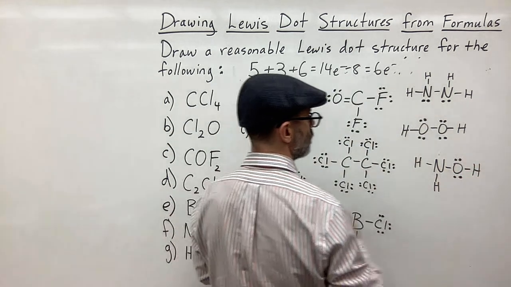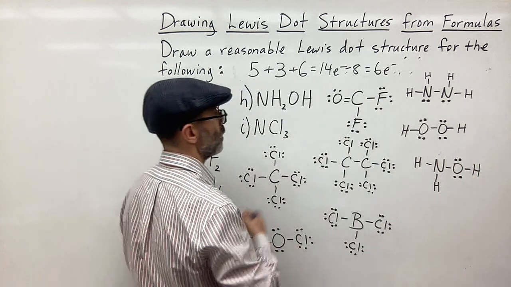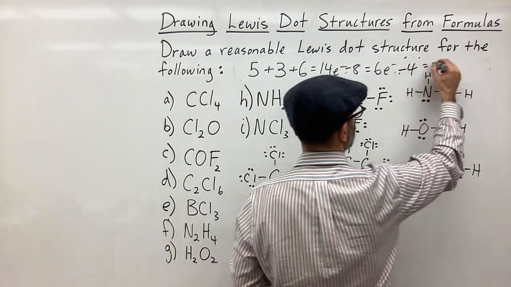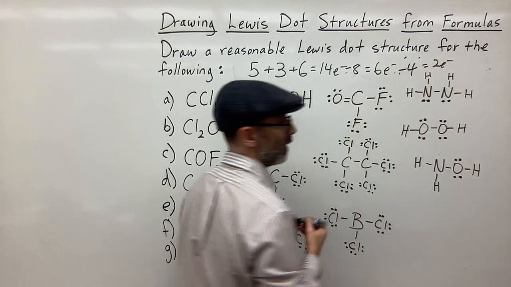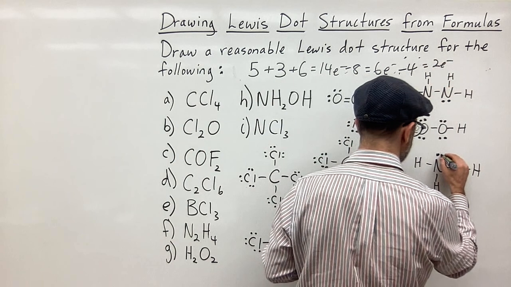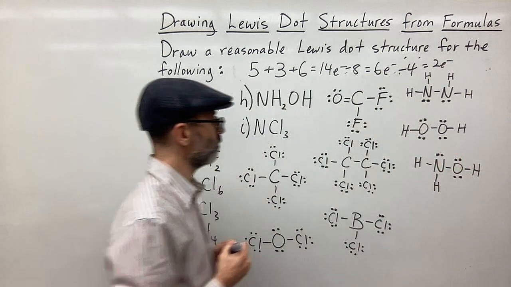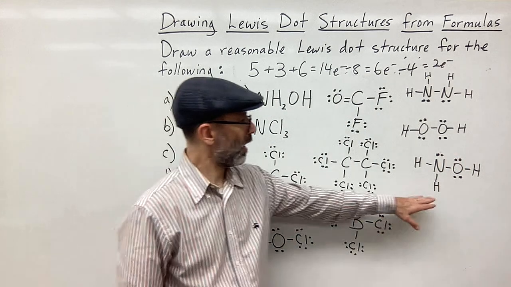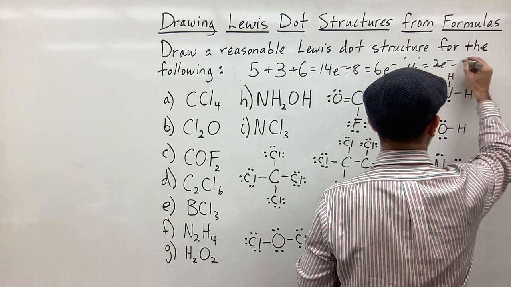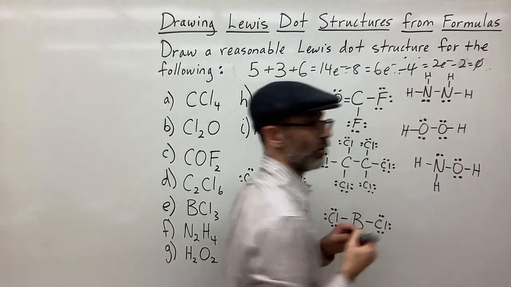That's 8 electrons. So I'm going to subtract out 4 from the lone pairs. That gives me 2 more. And then I'm going to add those to the central atom, nitrogen. And so now I don't have any more electrons left over. So I subtract out 2. I have 0 left over.